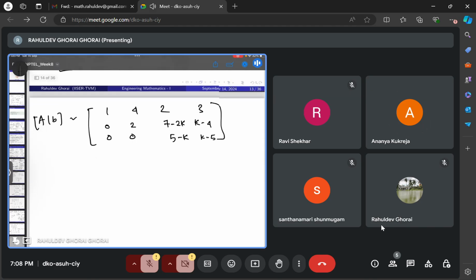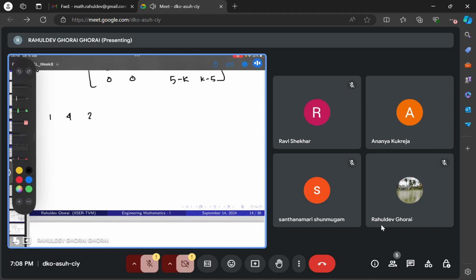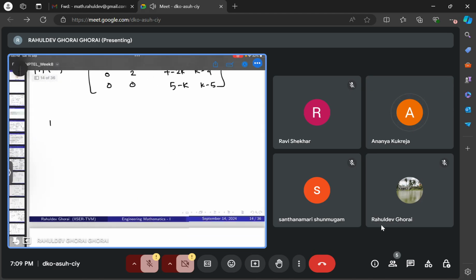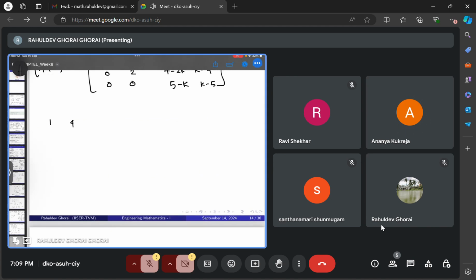Okay, so let us check whether you have done it correctly. Let me first write the augmented matrix, so you will see whether you made a mistake here. 1, 4, 2, 3, and 2, 6, 7, k, and 1, 2, k, 2.